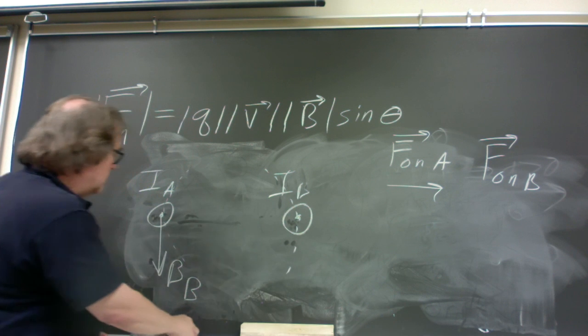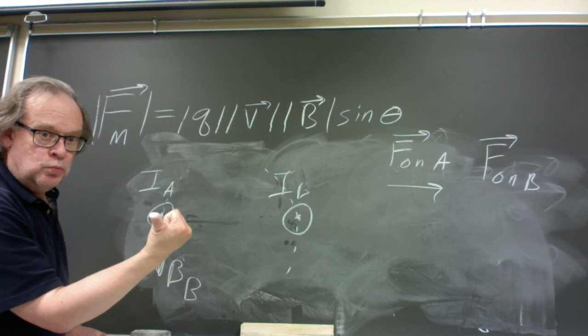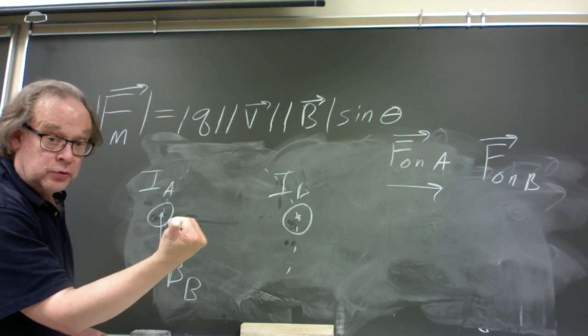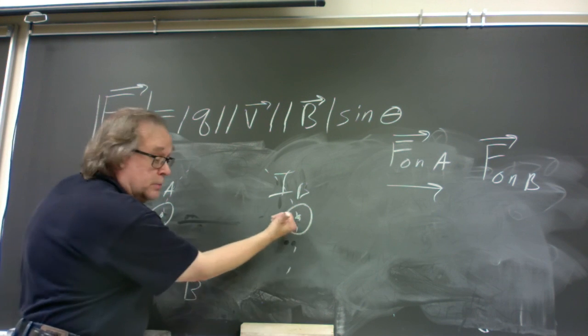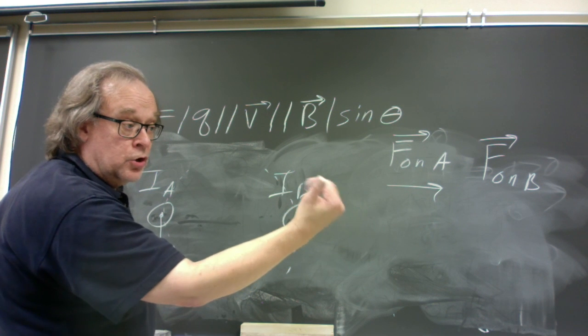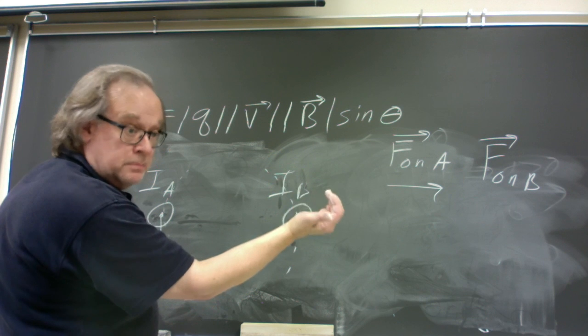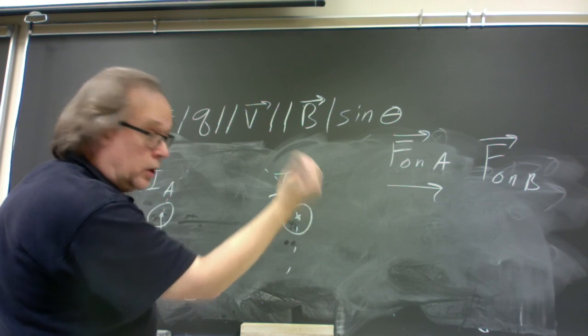And which way, we figure that out with the thumb field right-hand rule. Thumb in direction of the current, curl your fingers and they show the flow of the field lines, again, counterclockwise.